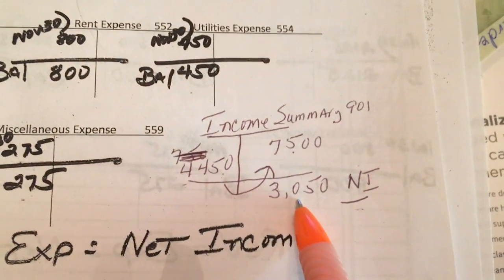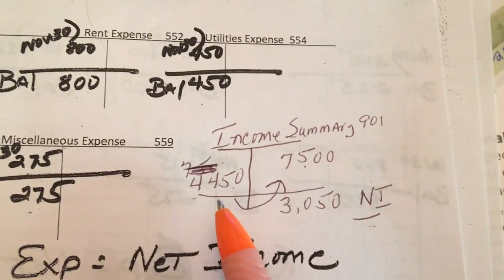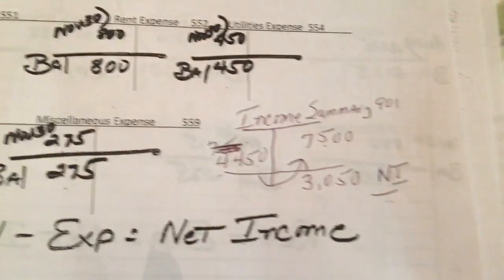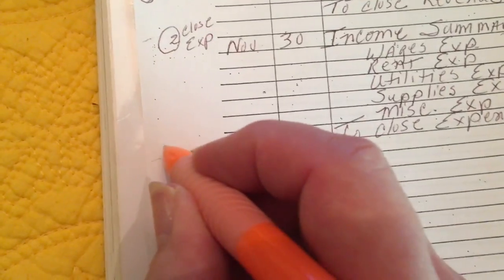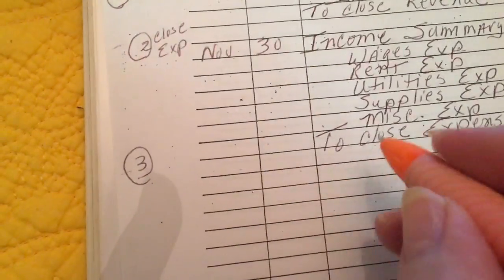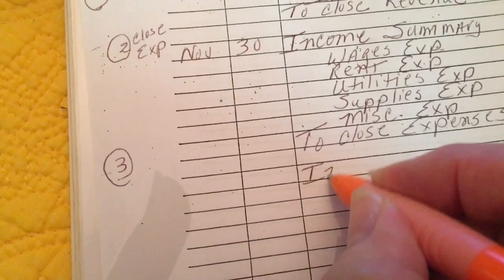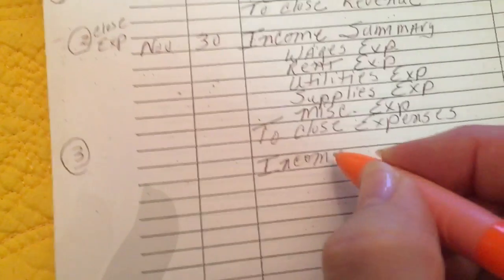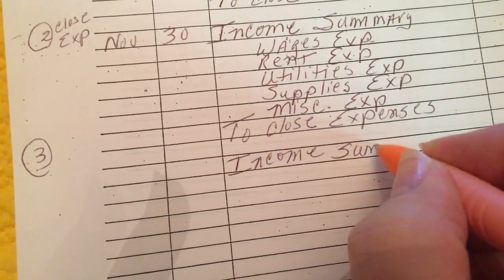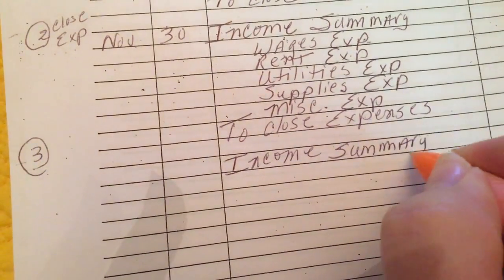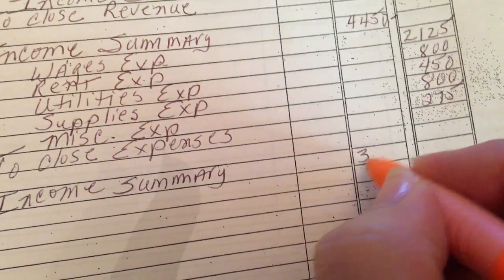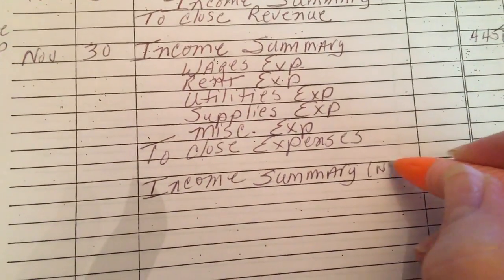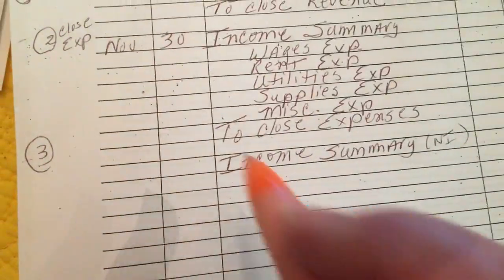So if we have a credit balance here, we would want to debit this income summary. Okay, so we want to close that income summary. Let's do number 3. $3,050. Okay, and that represents your net income.